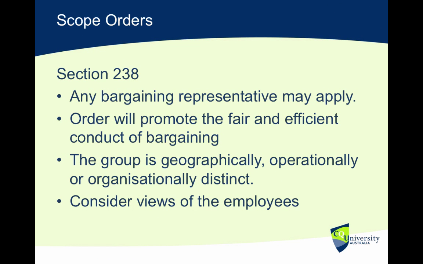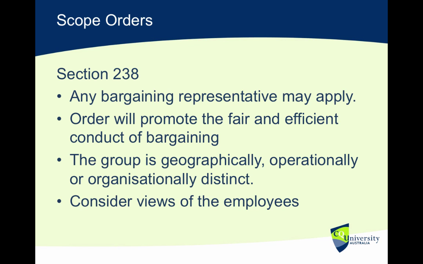Similar to that are the scope orders we mentioned briefly previously, where any of the bargaining representatives can apply to the Fair Work Commission to say we can't really reach agreement on the scope of who's going to be in our enterprise agreement. We think all of the clerks should be in it, but we don't think the plumbers should be in it, something like that. An order that will promote the fair and efficient conduct of bargaining should be made.